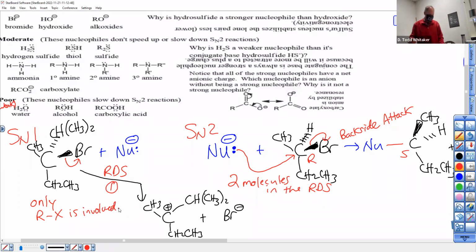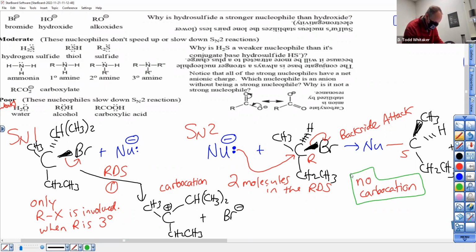Okay? When R is tertiary, you get this intermediate here called a carbocation. No carbocation here. No carbocation. That is a huge difference.